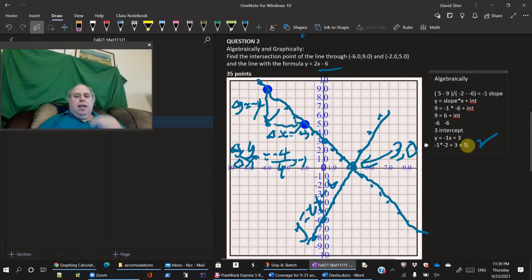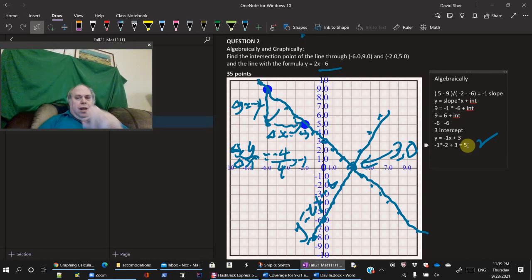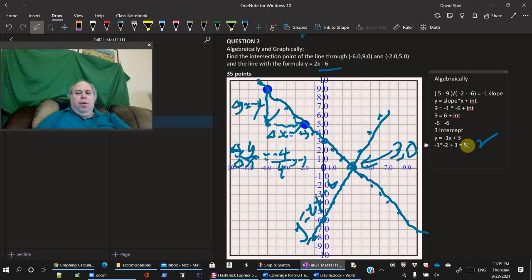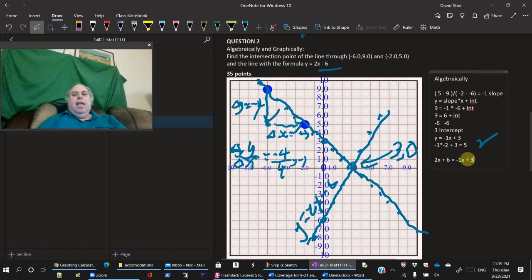Now I've got the formula, but I'm not done yet. I've got to find the intersection point. So what I'm going to do is take my two formulas and set them equal to each other. The x value of the answer will be the x where 2x plus 6 equals minus 1x plus 3.